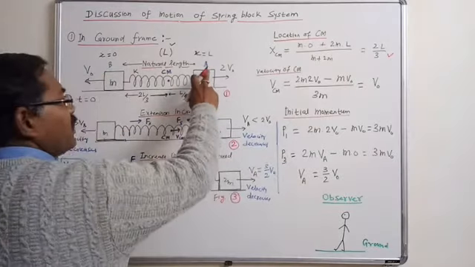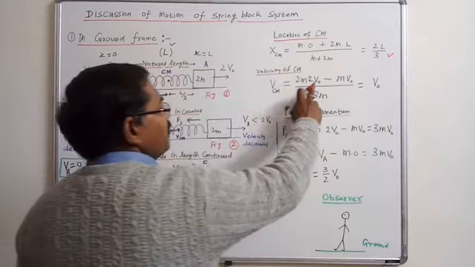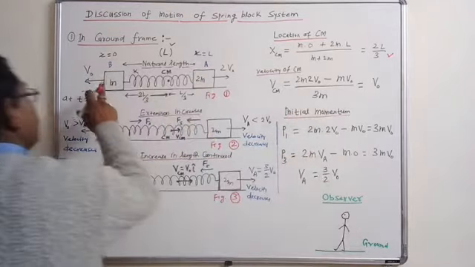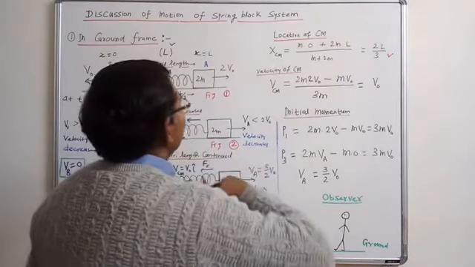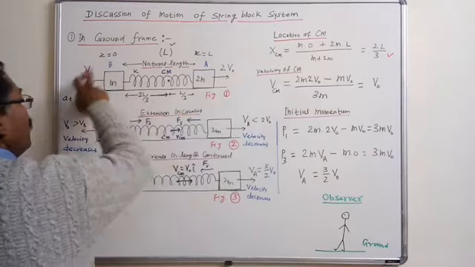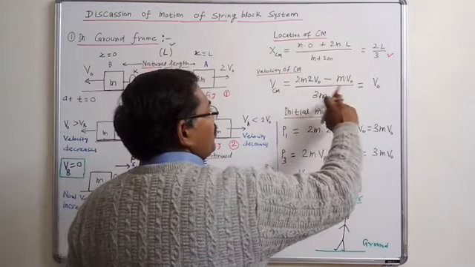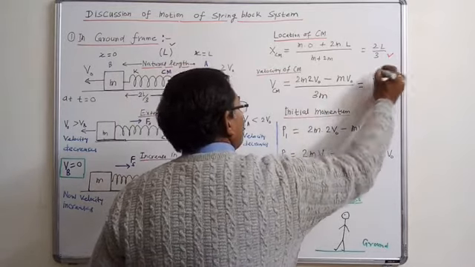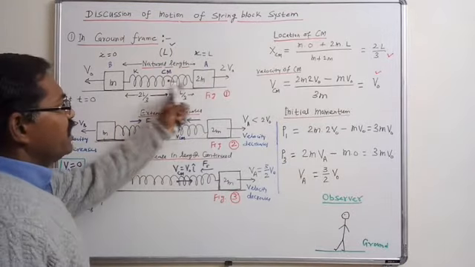First block A is having mass 2m, velocity 2v, so this is m1 v1. Minus sign is due to opposite velocity of this block, otherwise in formula it is plus sign only, but minus will be taken due to its direction. Then m2 v2, therefore m and v naught divided by 3m. This will be the velocity of center of mass, and it comes out to be rightward in this direction.